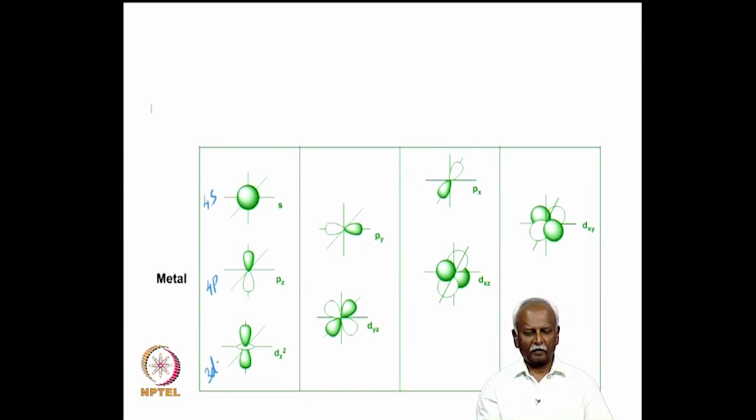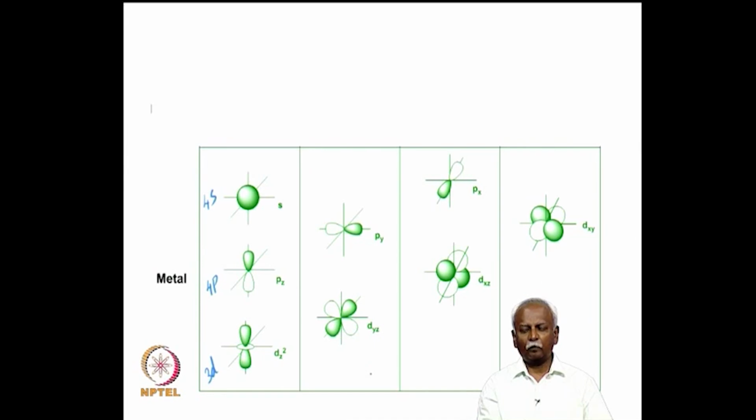You will notice that we have drawn the dz squared, xy, xz and yz, but we have not drawn the dx squared minus y squared orbital. That is there, of course, but it does not have a proper overlap with the butadiene orbital. We will see that in a minute.